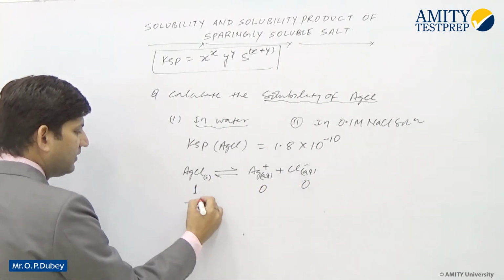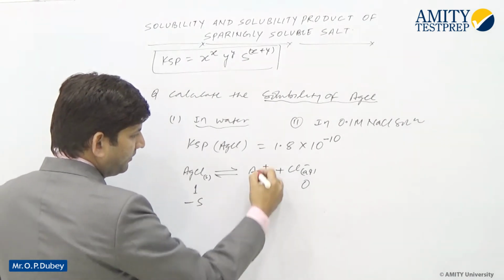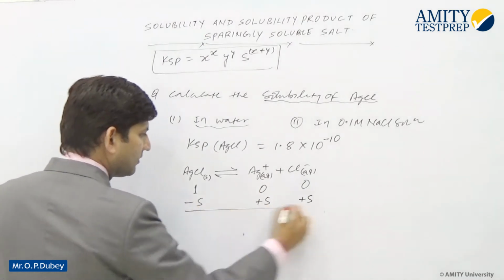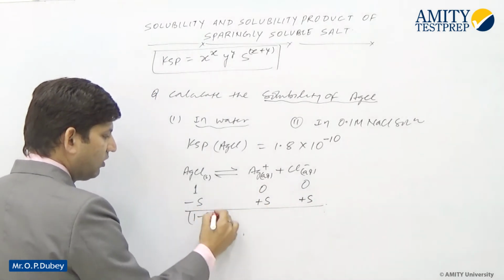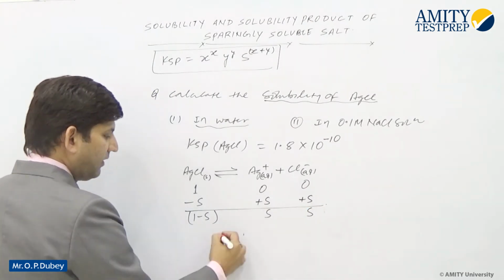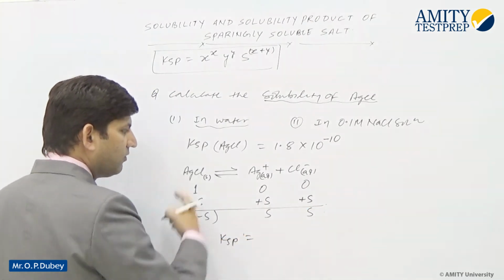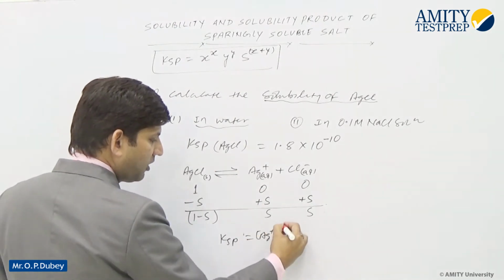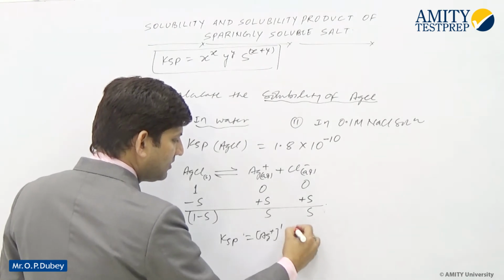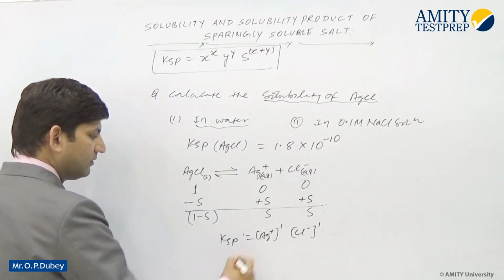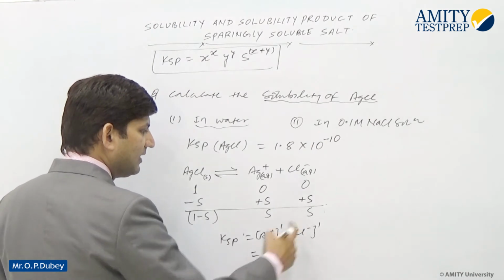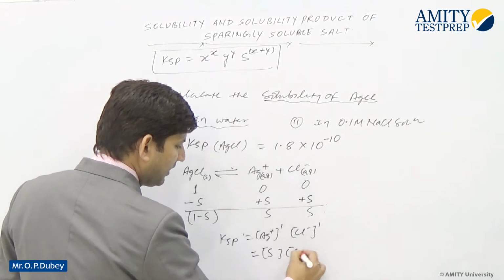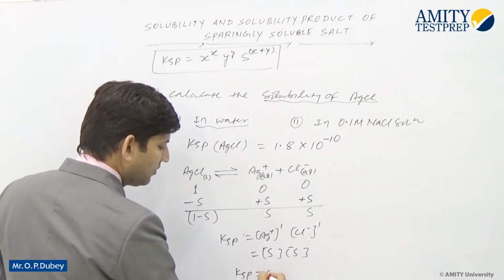If the solubility of the AgCl is S, the Ag+ concentration at equilibrium is S, and Cl- is S. It is 1 minus S at equilibrium, S, S. The Ksp expression for this equilibrium is the concentration of Ag+ raised to the power 1, because the coefficient is 1, times the Cl- concentration raised to the power 1. The concentrations of Ag+ and Cl- at equilibrium are S and S. Therefore, Ksp is equal to S squared.